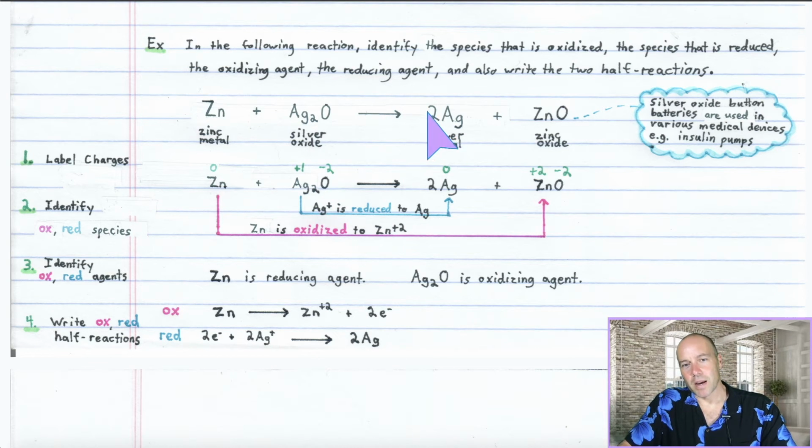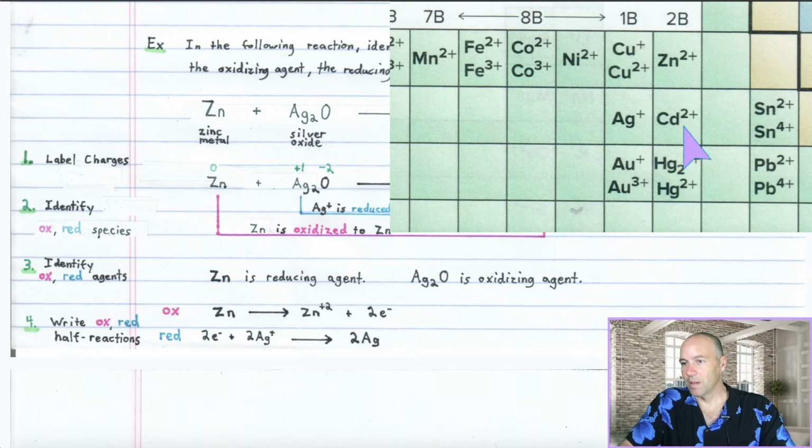Now on the product side, we have silver metal, and that is neutral, and the zinc oxide is now the ionic compound, and so the oxygen is still -2, and therefore the zinc must be +2. So zinc in that periodic table tends to form +2 ions.